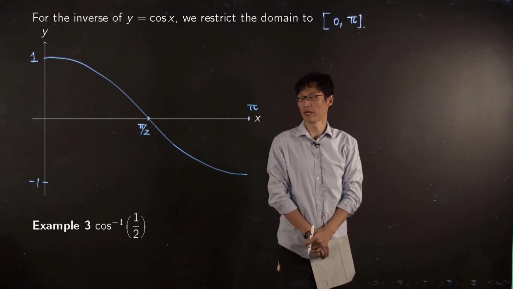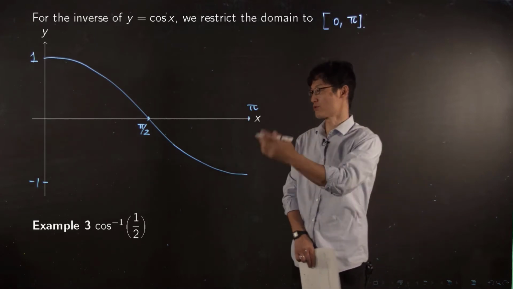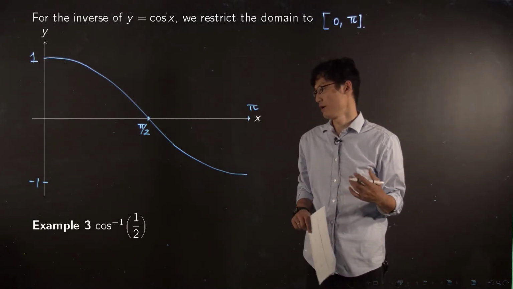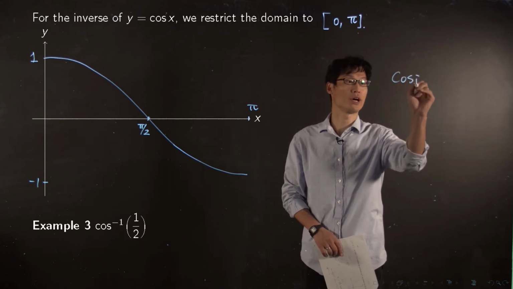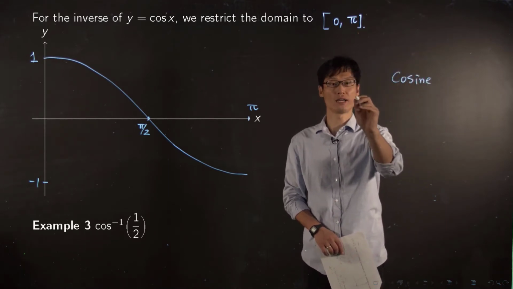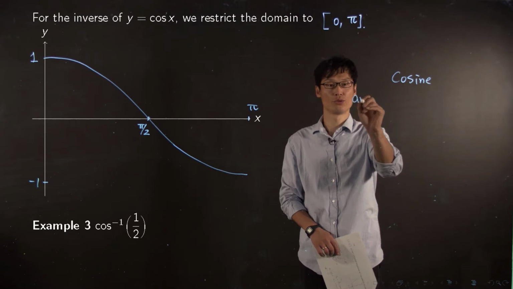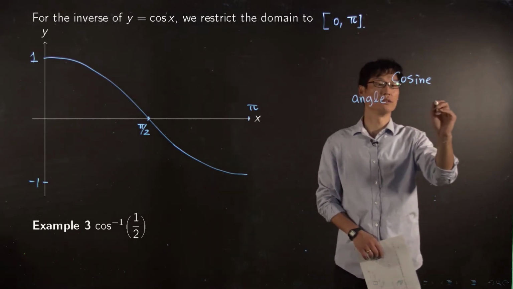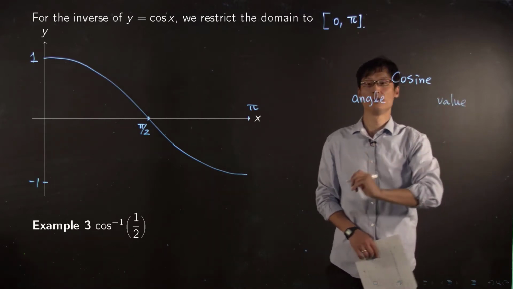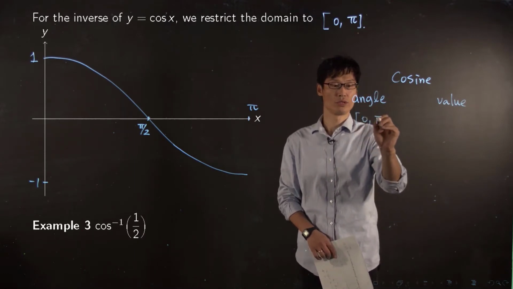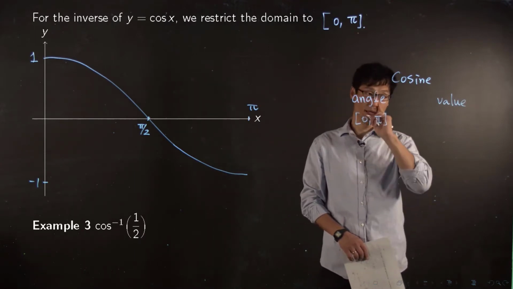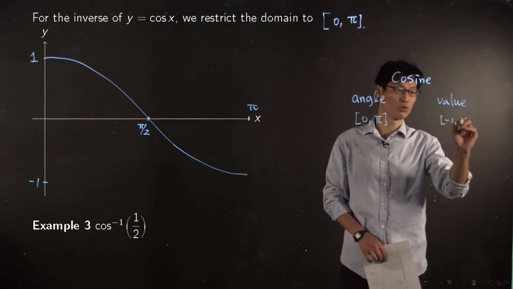Good. Again, let me draw a quick diagram to illustrate what the inverse of cosine does. So cosine assigns some value to each angle. We are restricting our domain to the interval from 0 to pi, and the value is from -1 to 1.